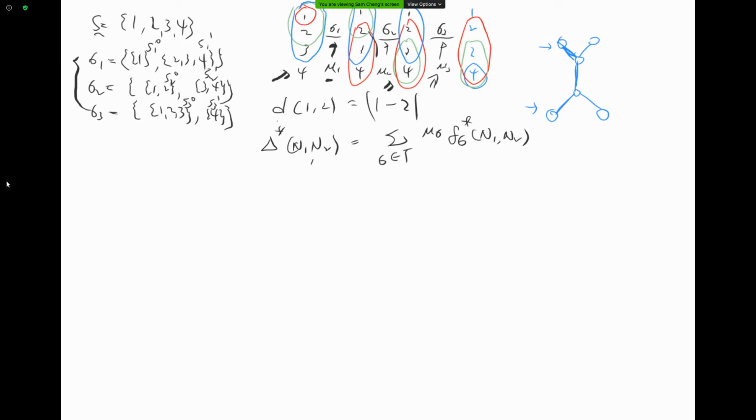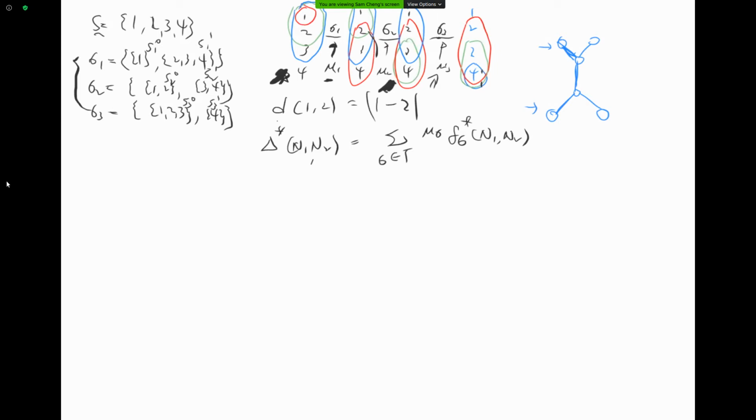But on the other hand, from the first node to the third node, if I look at sigma 3, there's no transition, so I shouldn't add mu sigma 3 there.